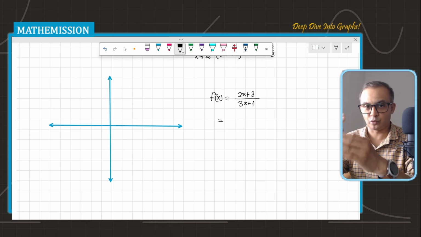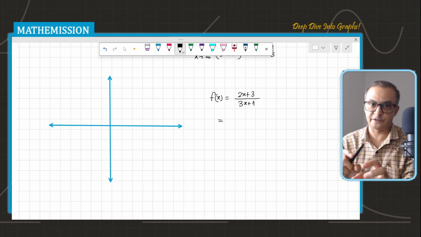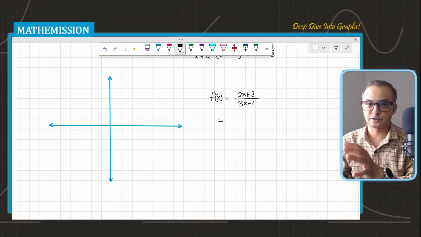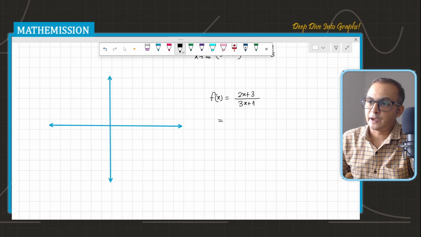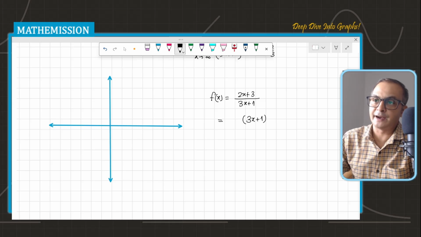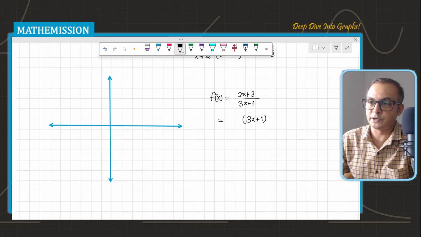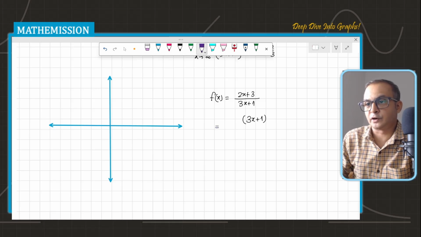I'm just looking at one rational function, the reciprocal function, and trying to shift it, and in the process the asymptotes will also help us. So for that, I'm going to write this 3x + 1 there. In principle, I'm dividing the numerator by the denominator, but the technique we can use avoids the long division.